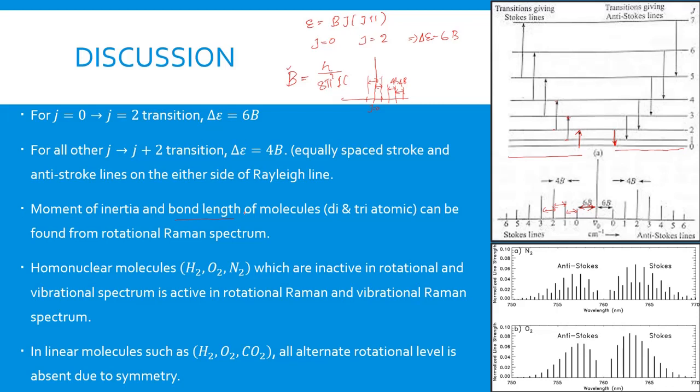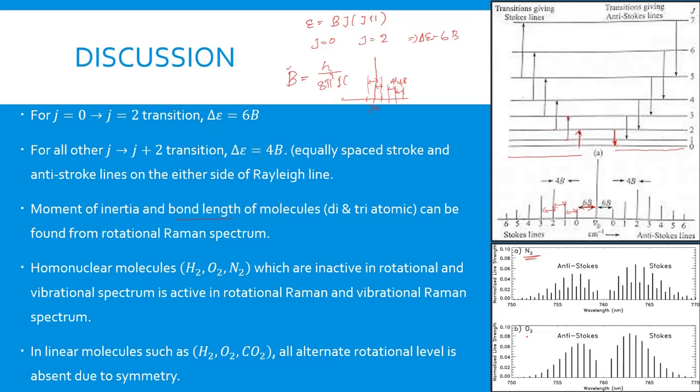For example, if the molecule has a center of symmetry like oxygen or carbon dioxide, then in the rotational Raman spectra, its odd lines, or the characteristic lines, are present and its even lines are absent. That is, here you can see that all lines are present for a molecule which is non-linear, or a molecule which doesn't have a center of symmetry.